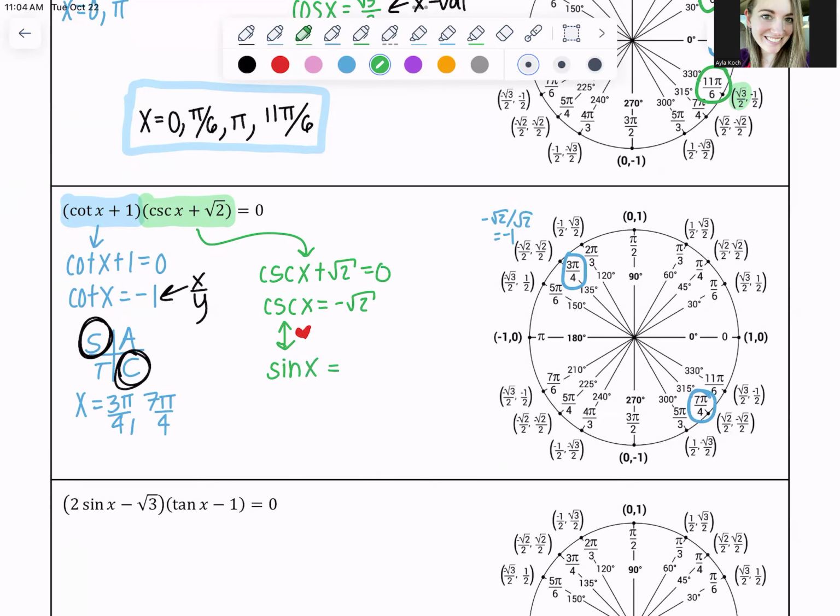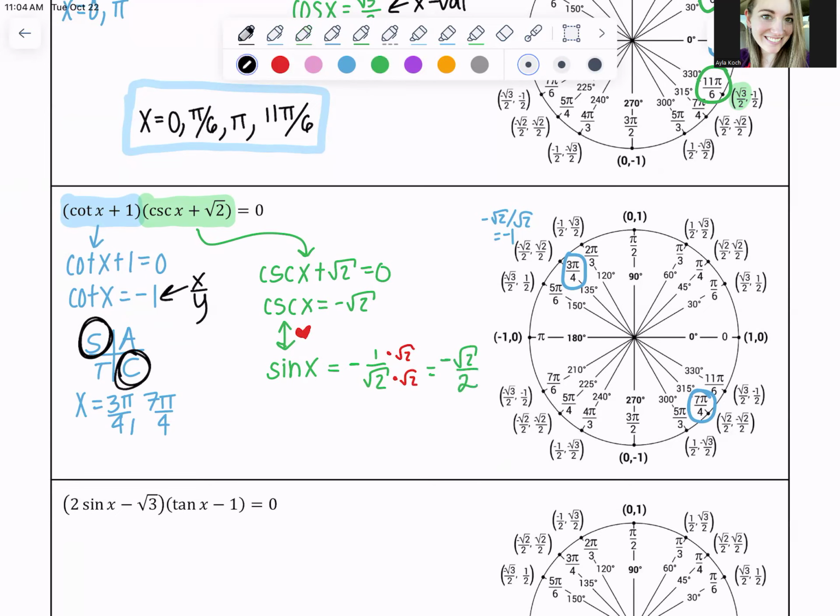And that means sine of x is equal to -1 divided by square root 2. Now, looking at my unit circle, clearly there aren't any y values that are 1 over square root 2. We do need to rationalize this by multiplying the numerator and denominator by square root 2. And we get negative square root 2 over 2.